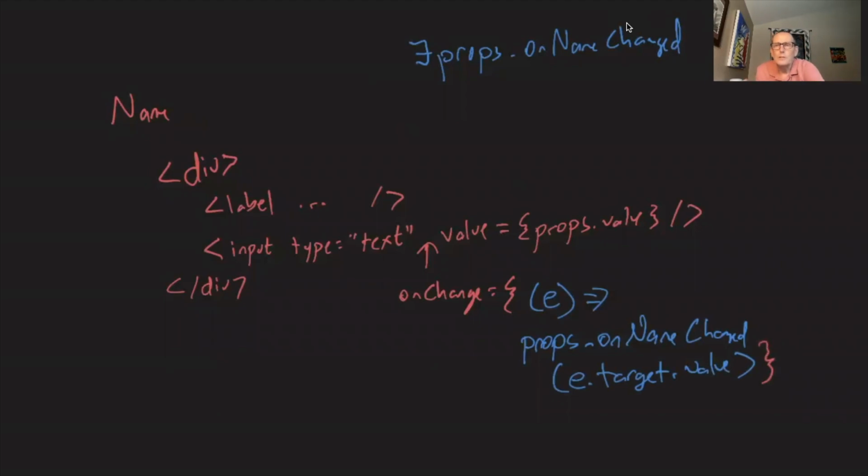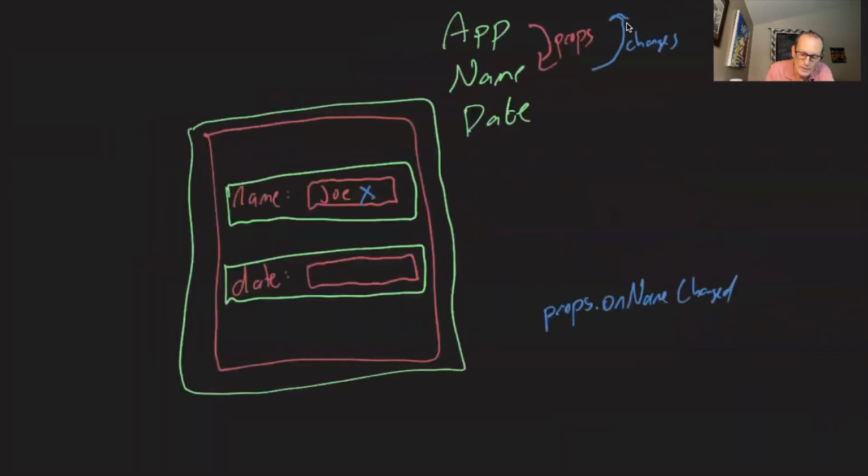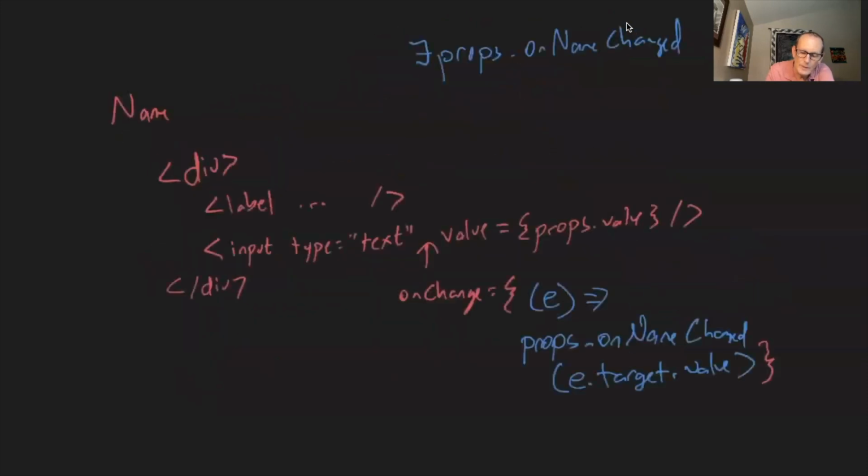So let's go over what happens again here. The user types something or writes something into the input here. So that puts in an X. What happens? The input field has an onChange method. The onChange method gets passed an event.